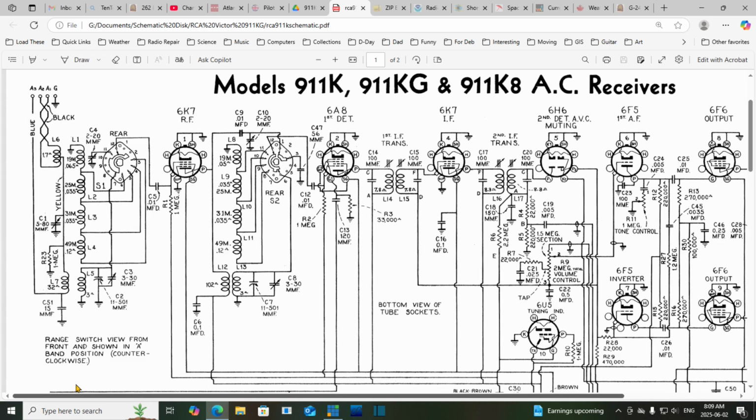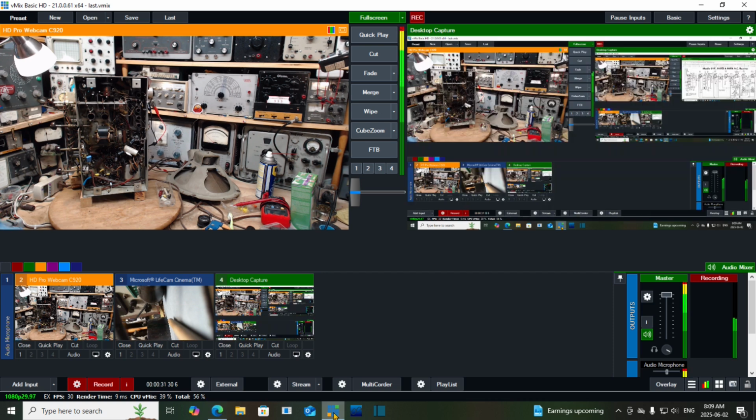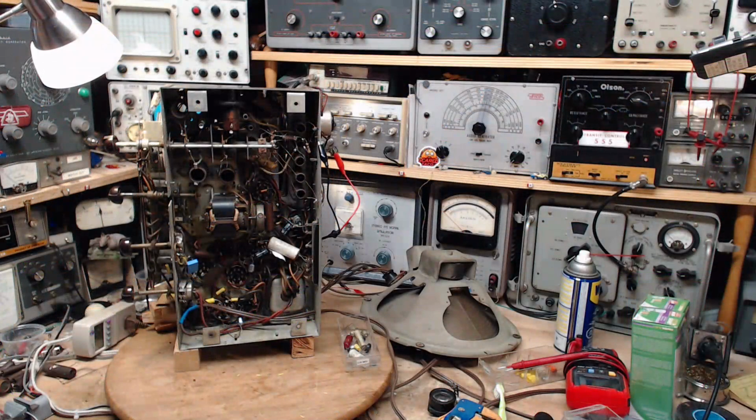Oh, now I got a cat in the way. Oh, how can I possibly do this kind of stuff? I can't even see my computer screen. It's all cat now. Okay, there we go.